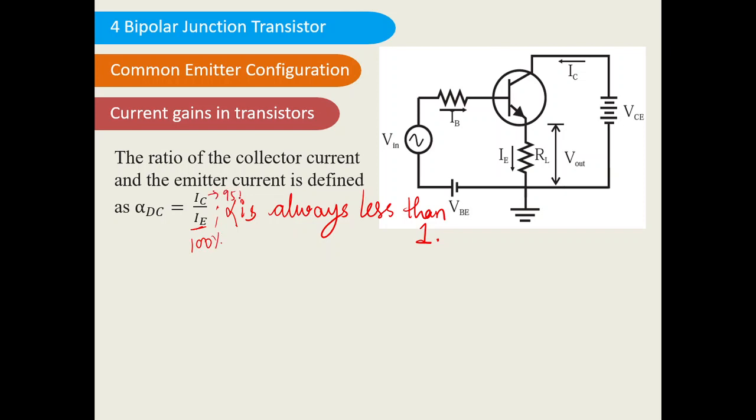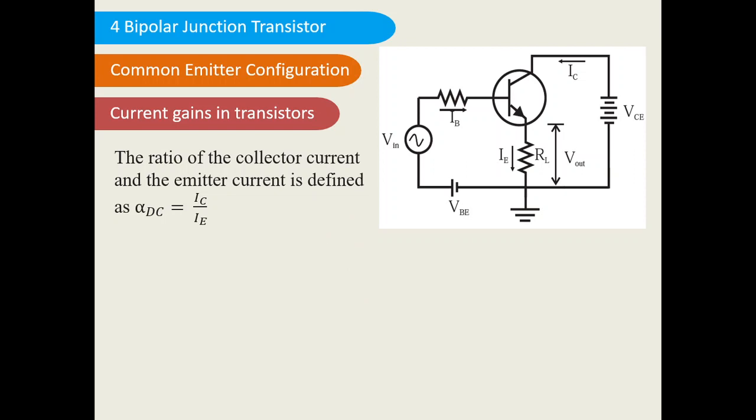It is 95%. So that means the alpha value is between 0.9 to 0.95, 0.98 like this. So it is always lesser than 1. Why? Because the denominator is greater than the numerator. That's why alpha is always less than 1.